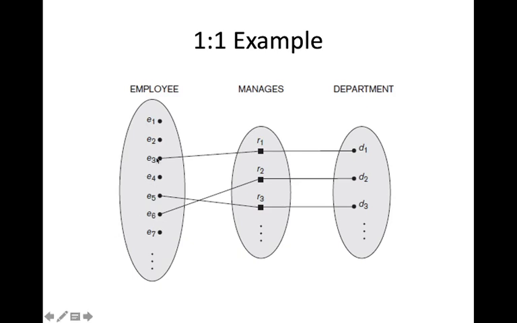Here E3 manages D1, E5 manages D3, E6 manages D2. So manages is a 1 is to 1 relationship. This is what is meant by maximum cardinality ratio: an employee can manage at most one department, and the department can have at most one employee as manager.